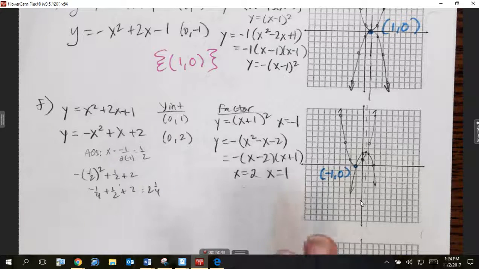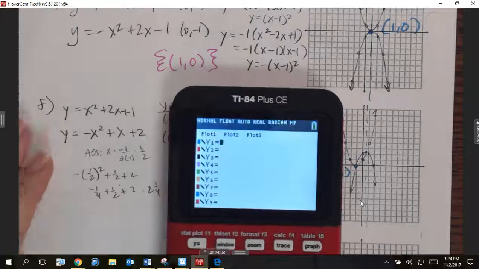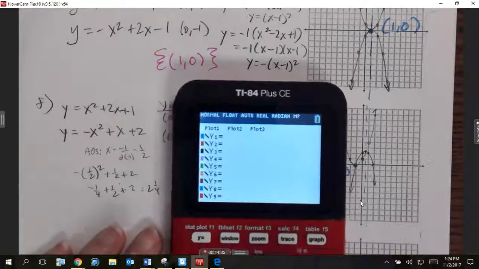So there is an answer, and it isn't a horrible answer, but I'm going to show you another method. It does involve graphing, but it involves our graphing calculator. Okay? So go ahead and pull out your graphing calculator, go to y equals, and type in the two equations.